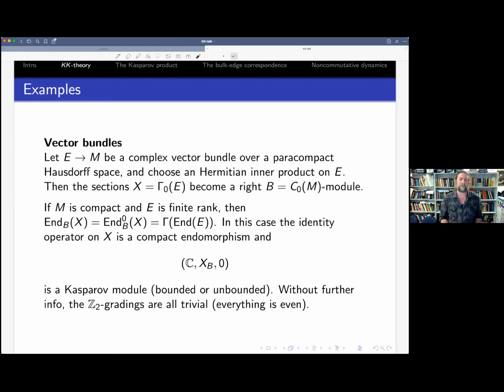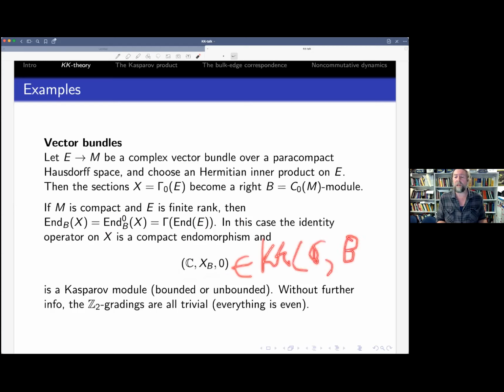If M happens to be compact, and E is finite rank, and I think all my vector bundles will be finite rank, then the endomorphisms coincide with the compact endomorphisms. That's what this little zero means. And they just happen to be the sections of the usual vector bundle endomorphisms. And in this case, the identity operator on X is compact, and this little triple here is a Kasparov module in KK.